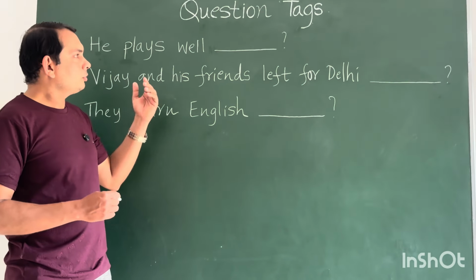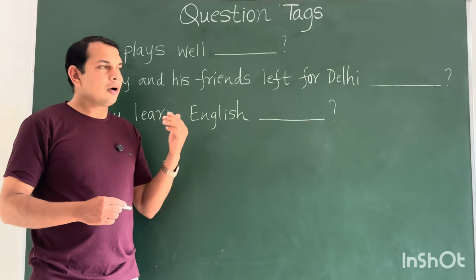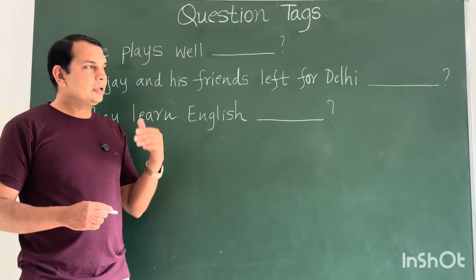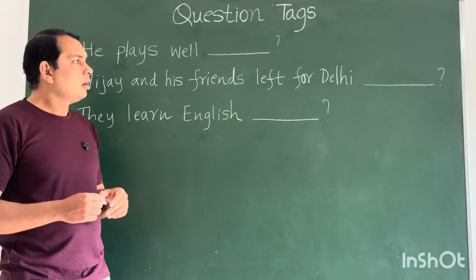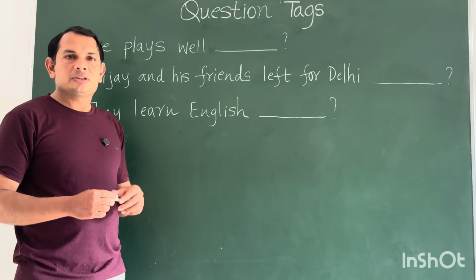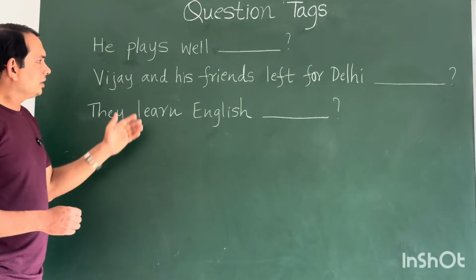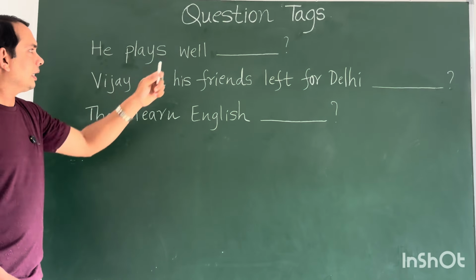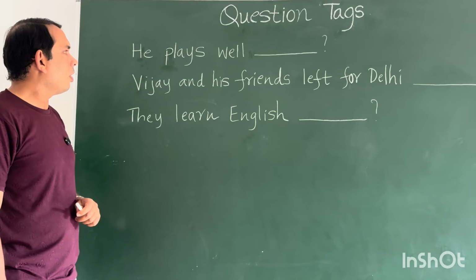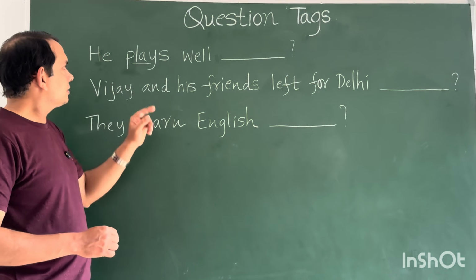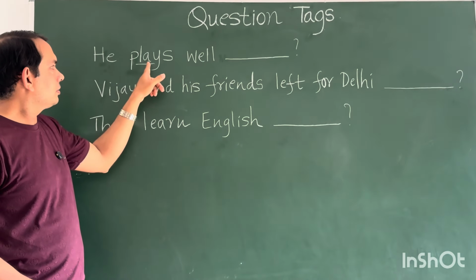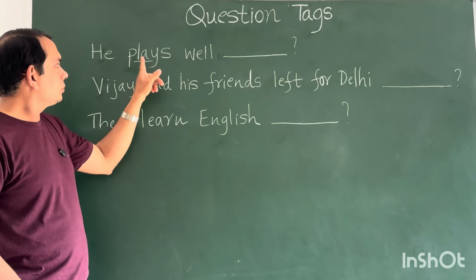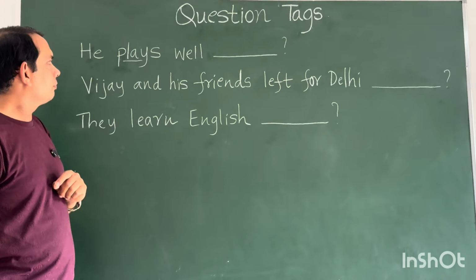Let's learn how to use question tags when auxiliary verbs are not given. When auxiliary verbs or modal verbs are not given, it's not easy. Look at these examples. He plays well. In this sentence, there is no auxiliary. The verb used is play. Now we have to look at its verb form.